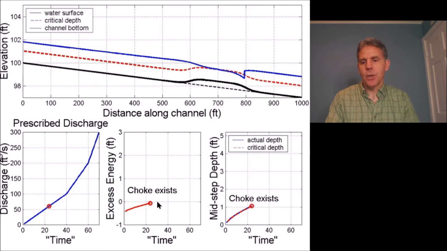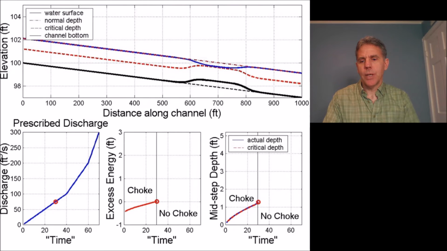We'll pause it. Notice that a choke still exists, but we're right at the edge of zero excess energy, so that choke condition is about to be lifted, and we'll see that the features on top of the step are going to change dramatically when that happens. So we continue.